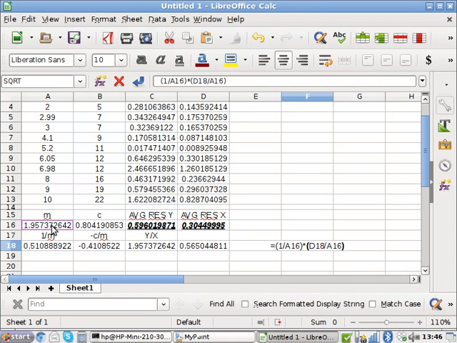Can I press enter? Yeah? 0.147. So this means at the end of the experiment you could say, according to Newton's second law, the mass should be blah blah blah plus or minus 0.147.